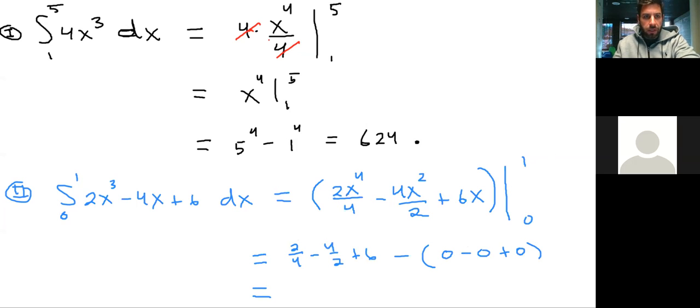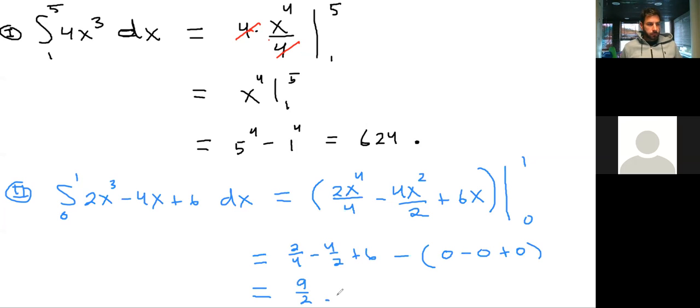But I want you to understand the procedure that's happening there, so take some time to understand why I wrote it the way I did. Then all you have to do is add up what remains. That's 1/2 minus 2 plus 6, so that's 1/2 plus 4, which is 9/2.